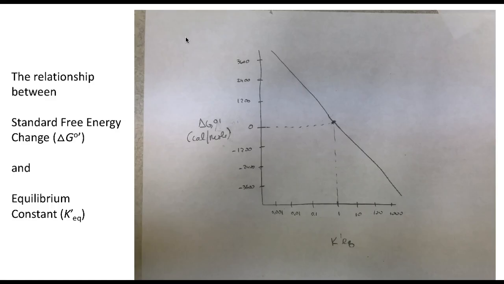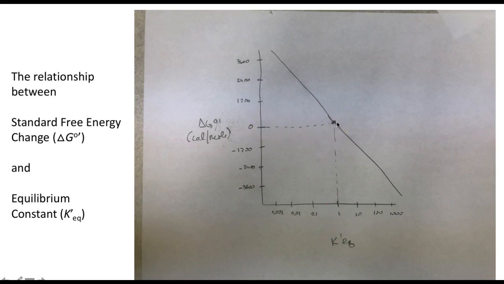And so maybe you've noticed a trend in what we have just looked at. This is a graph that is relating all possible equilibrium constants to all possible standard free energy changes. And you can see that there is a relationship. What we just saw on the previous example is that when the equilibrium constant is 1, the standard free energy change is 0.